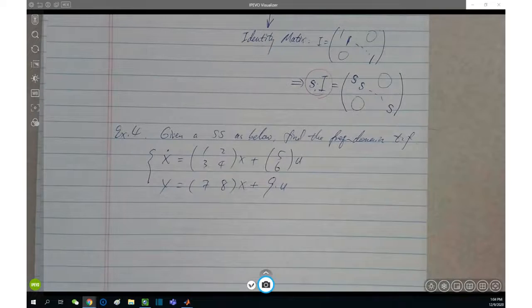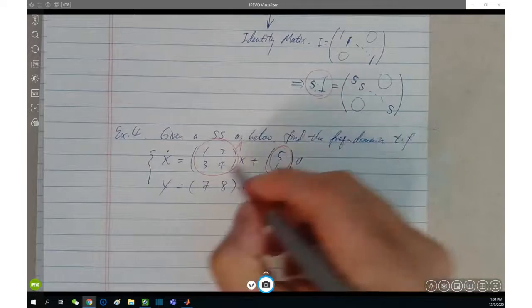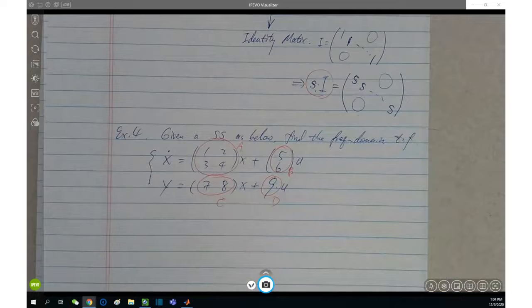As I said, this is A, this is B, this is C, and this is D. At the very beginning, you need to understand who is whom. After identifying A through D, you go ahead to do what?